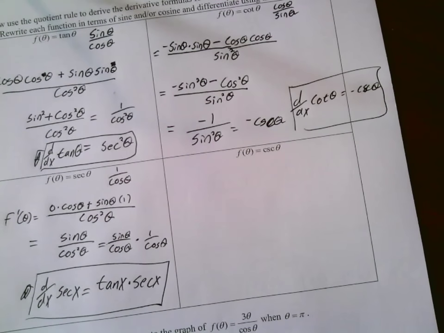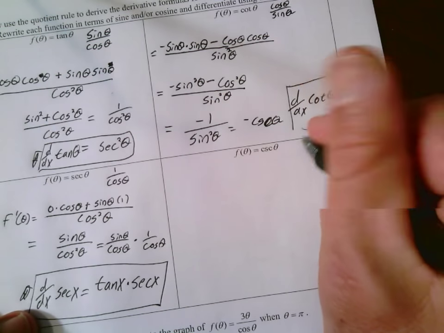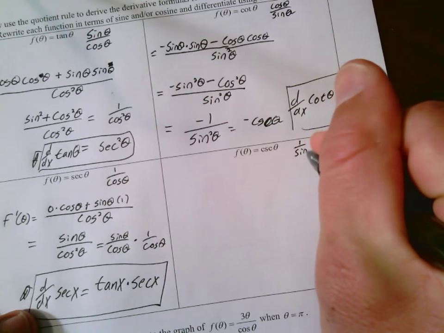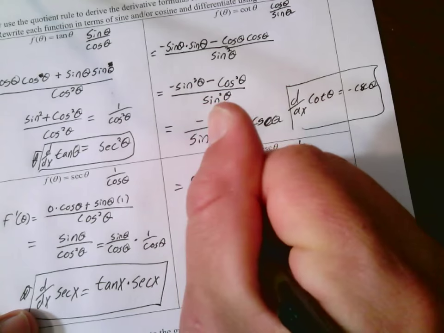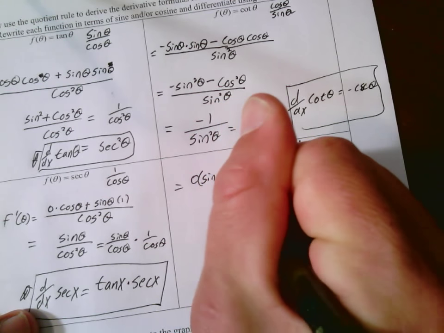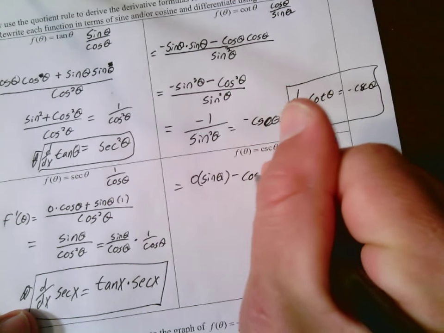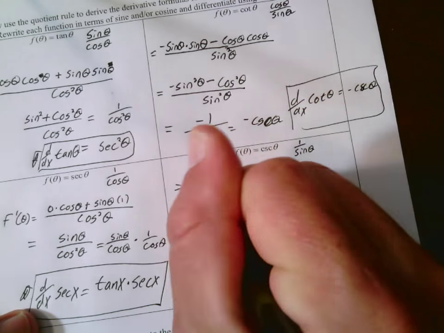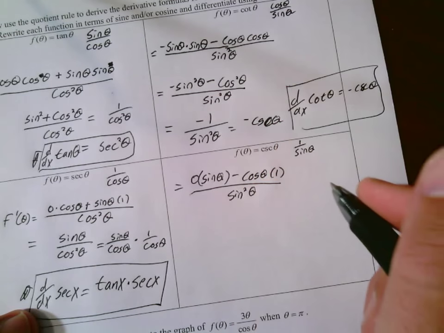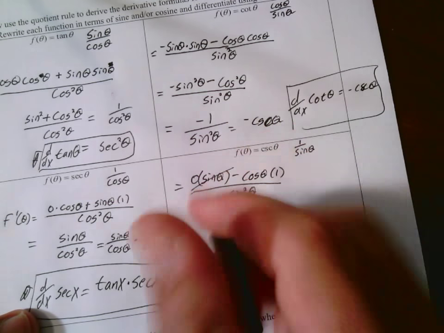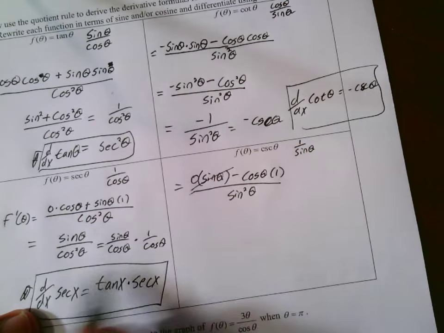Last one, cosecant. Cosecant is 1 over sine. The derivative of the top is 0. Minus derivative of sine is cosine. All of that over sine squared theta. 0, negative cosine. Same trick I pulled over here.